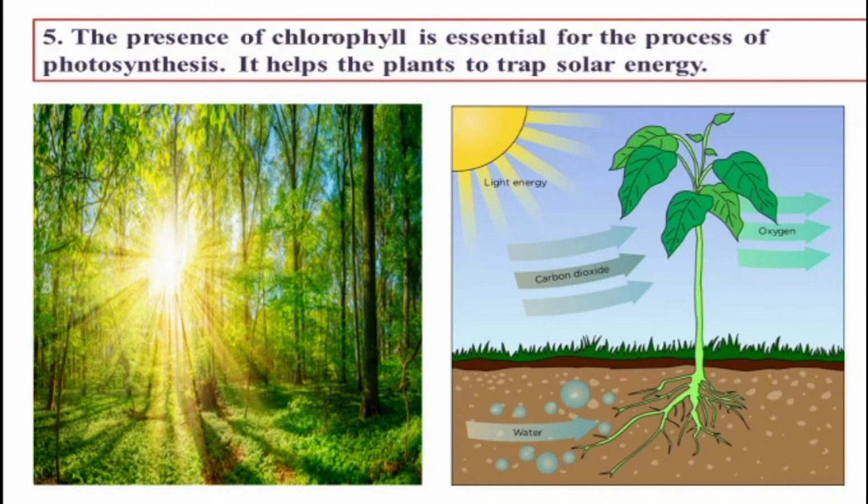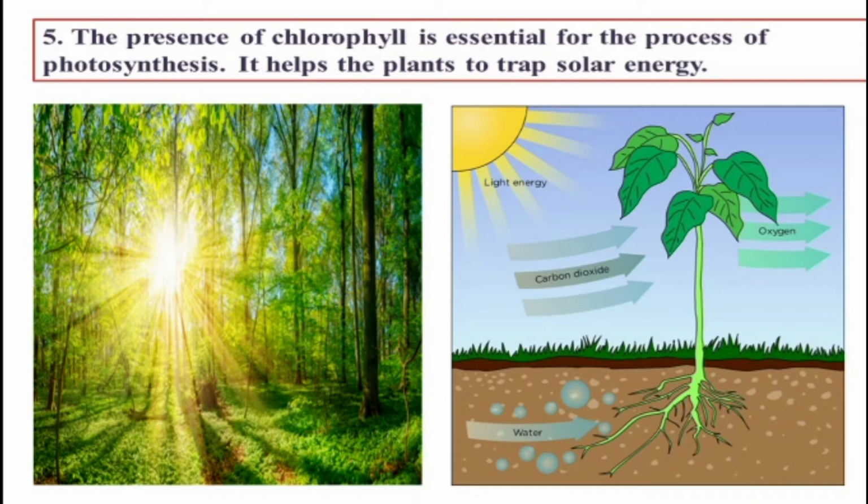That solar energy goes to the internal cells of the leaf. The chlorophyll converts solar energy into chemical energy. At that time the plants get nourishment, prepare their own food, sugar molecules, and give out oxygen.